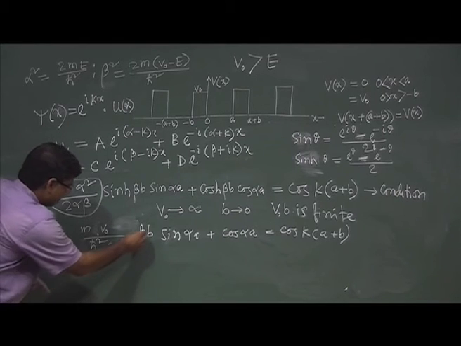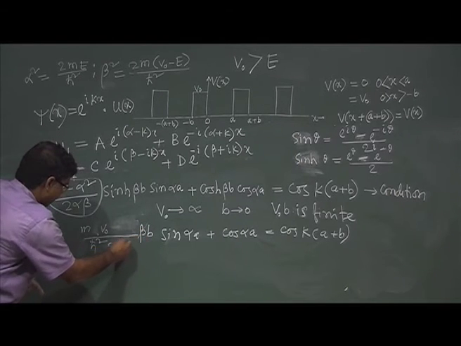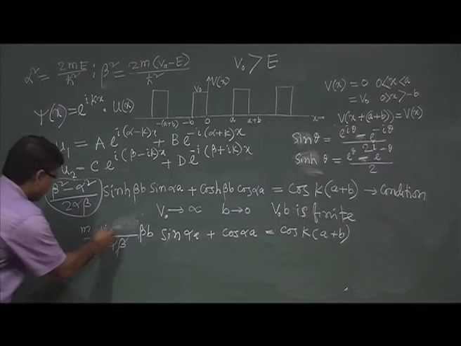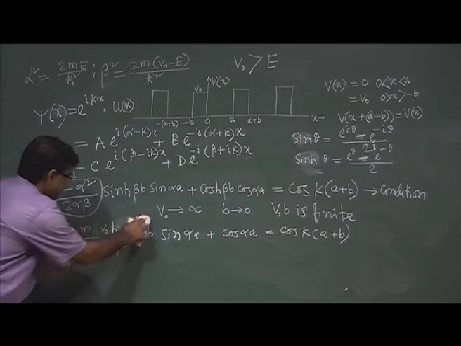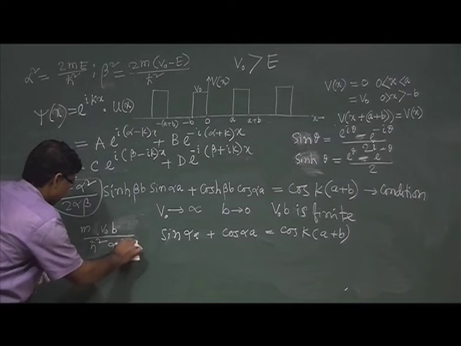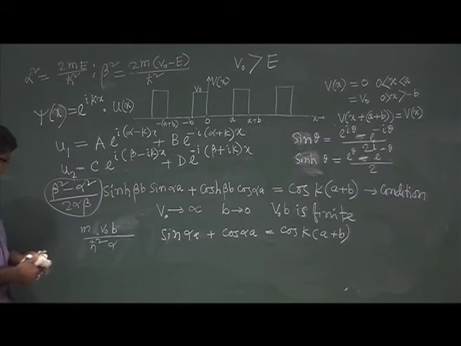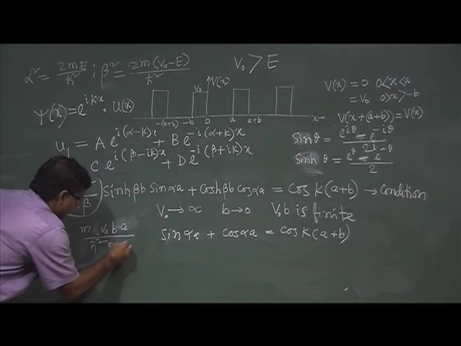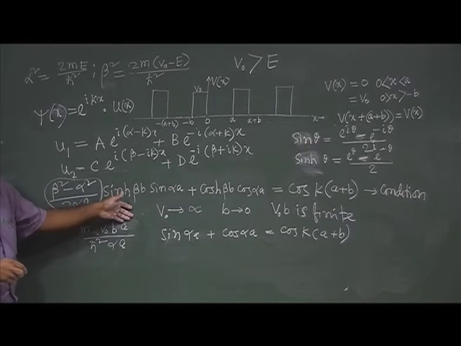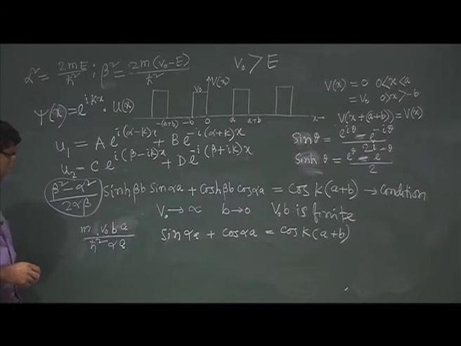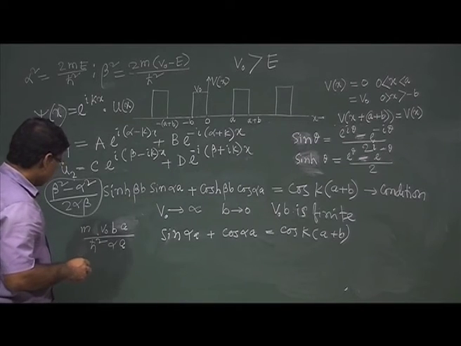Now, what I will do? So, beta will go, and the b part will be here, right. So, I have written. Now, what I will do? I will just multiply with a in denominator and numerator.